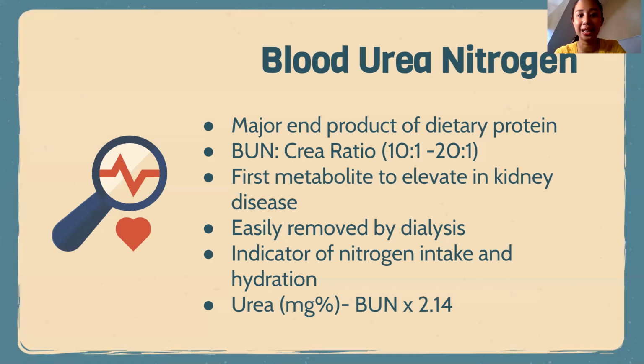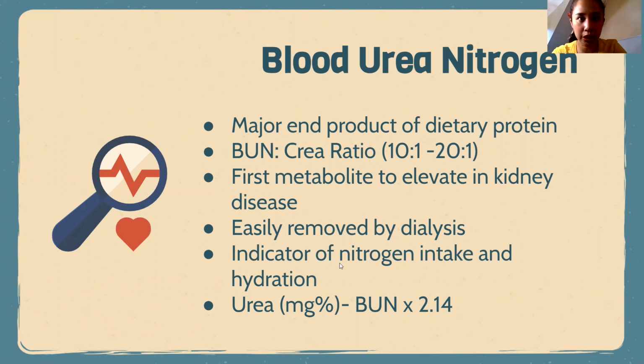Unless it's really apparent that the patient has eating problems or malabsorption problems, then that is implicated instead of kidney disease. But most of the time, a high BUN is really kidney disease.